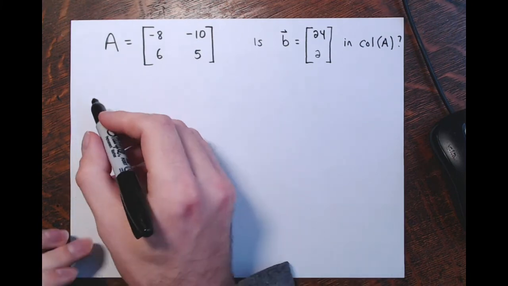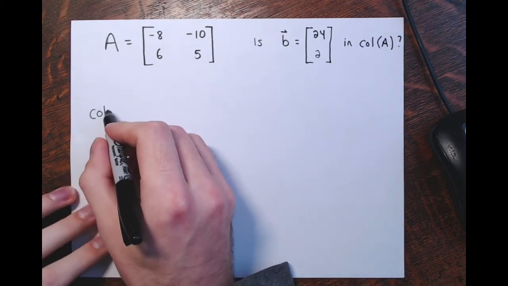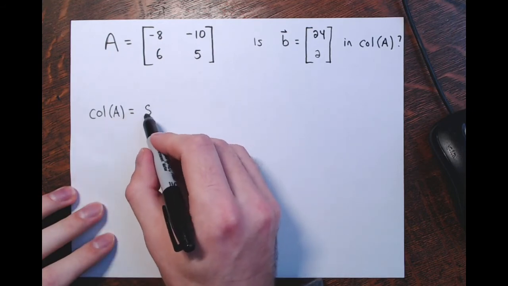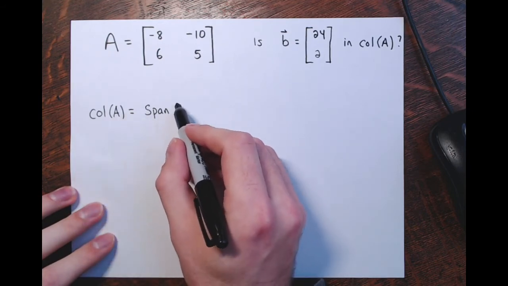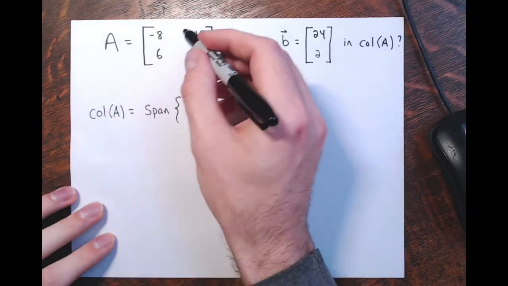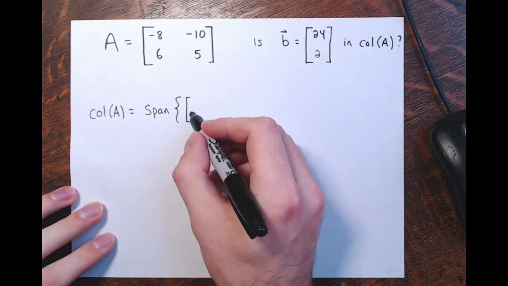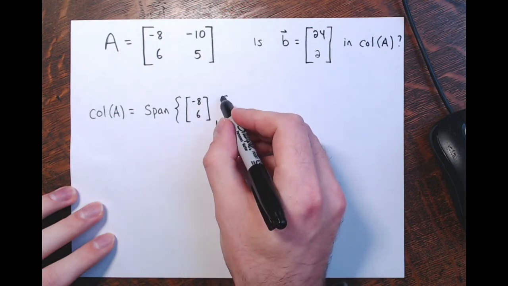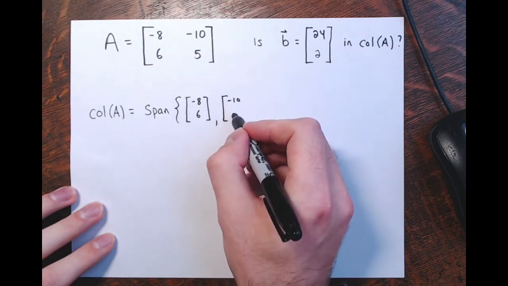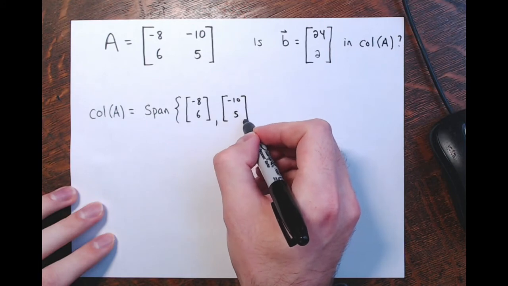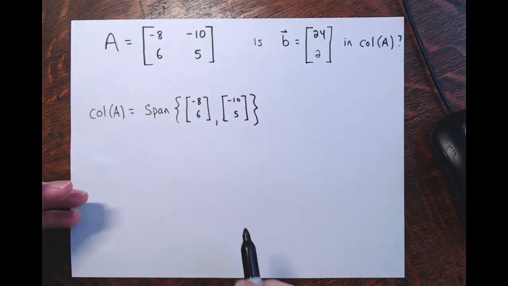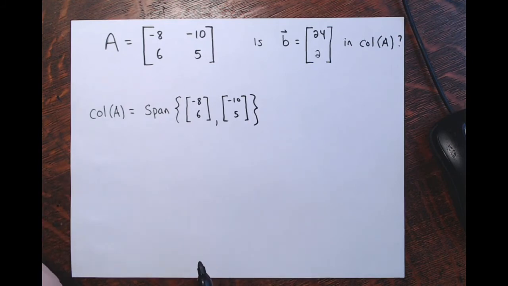Well, what is the column space of A? Remember, the column space of A is the span of the set with the column vectors of A, with the vector negative 8, 6 and the vector negative 10, 5. Alright, and this would be a subspace of R2 again, right? All these vectors here have two components.